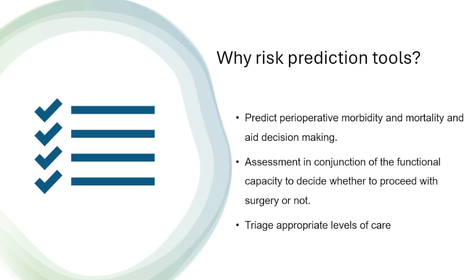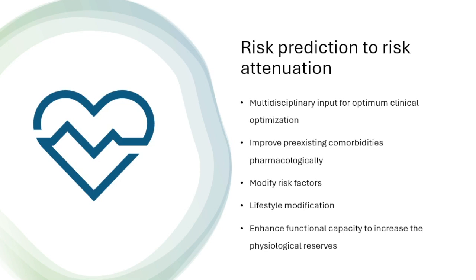So if someone has high anesthetic risk or has poor functional capacity, then we need to optimize this patient to attenuate the risk. We need multidisciplinary input for optimum clinical optimization. You have to improve pre-existing comorbidities pharmacologically, and we can modify risk factors through lifestyle modification.